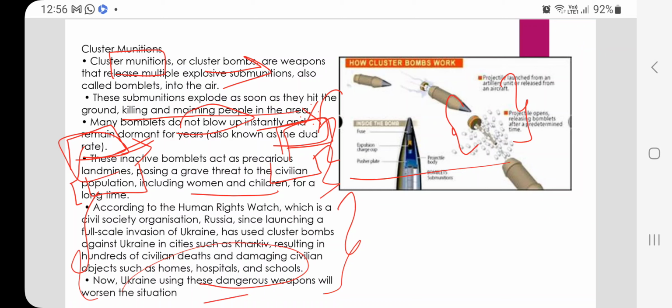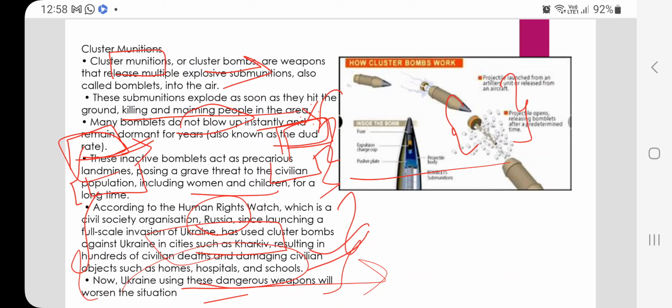So now Ukraine is getting this dangerous weapon, which gets into the controversy, as it worsens the situation. As I have already said, Russia has already used this kind of bombs, attacked cities like Kharkiv with these cluster bombs, and hundreds of civilians were harmed. But this is no justification to use cluster bombs against civilians.